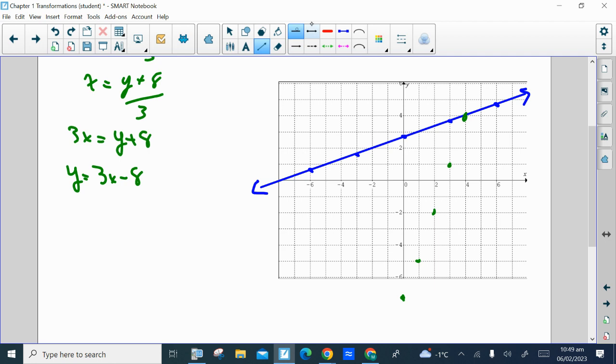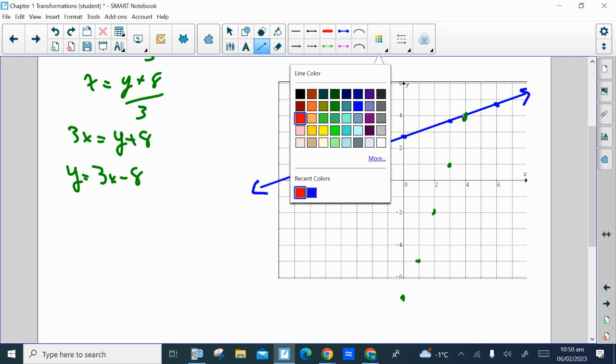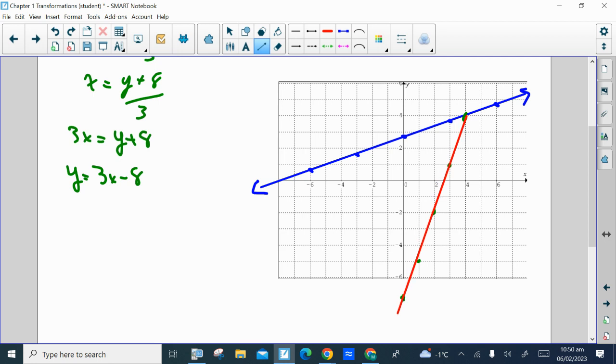So this line would look something like this. Okay, and in this case, both the relation and the inverse are functions.